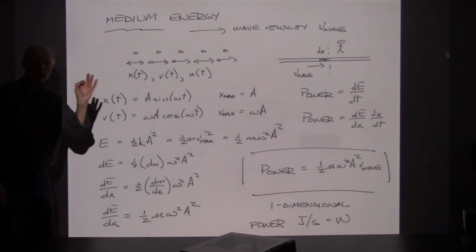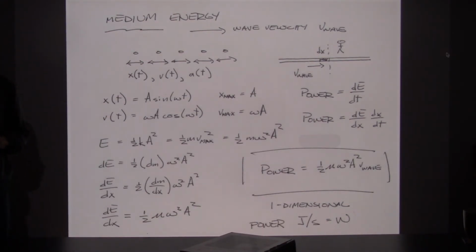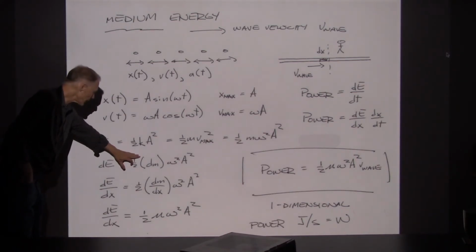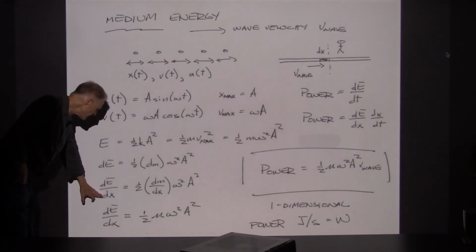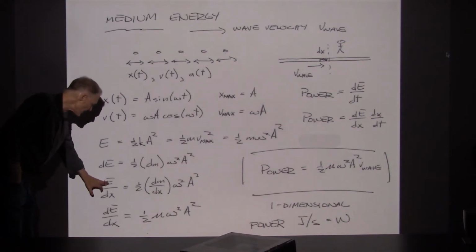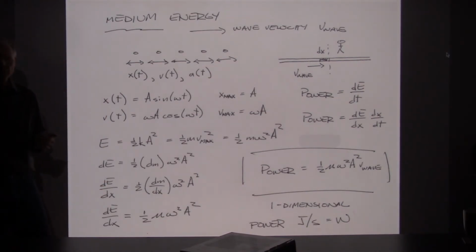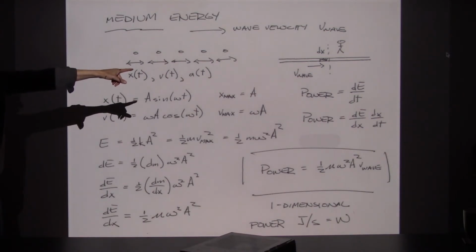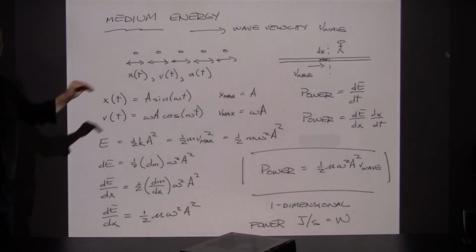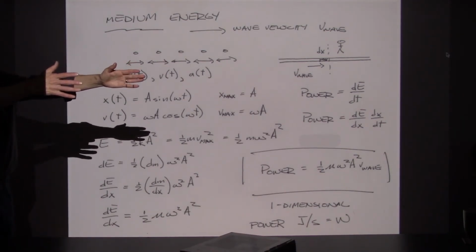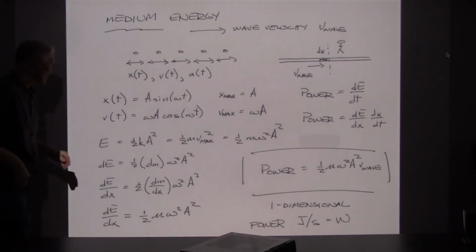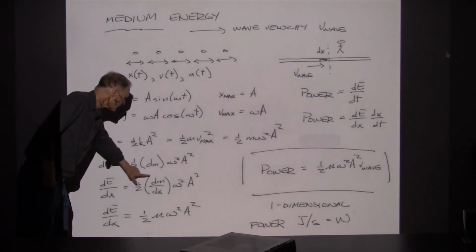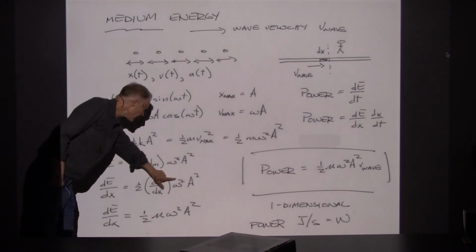We can calculate a little infinitesimal amount of energy, dE, and then we can divide this equation by dx. So dE/dx would be the energy per length. So the energy per length in that wire, as a wave propagates along, is going to be given by 1/2 dm/dx omega squared A squared.